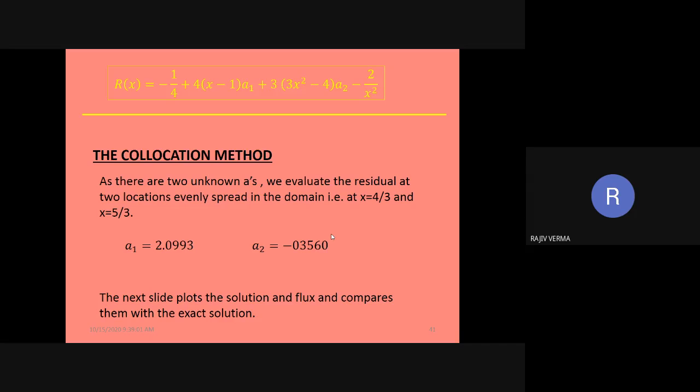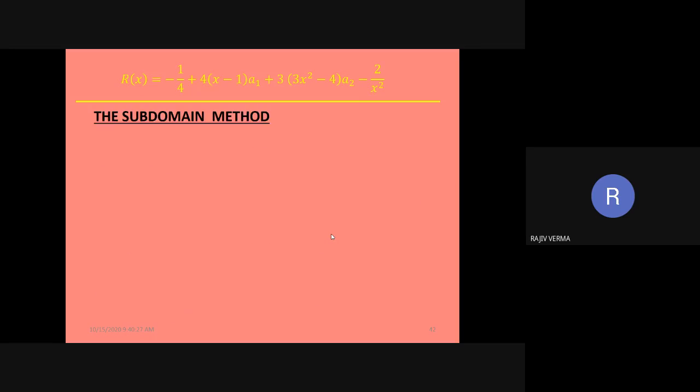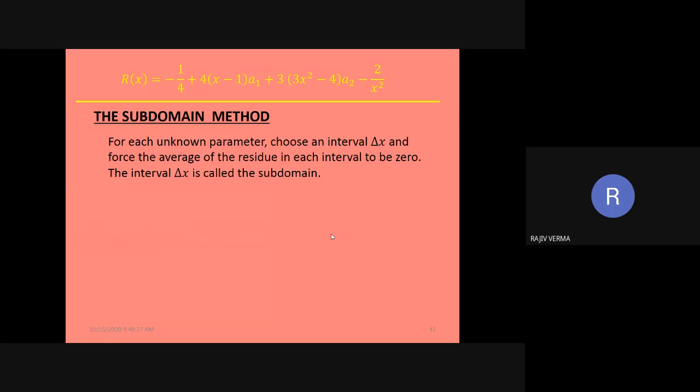Now coming to the second method, which happens to be the subdomain method. Now in the subdomain method, which is a slightly better version of the collocation method, depending upon the number of unknowns, we choose a small interval given by delta x and force the average of the residual in each interval to be 0.